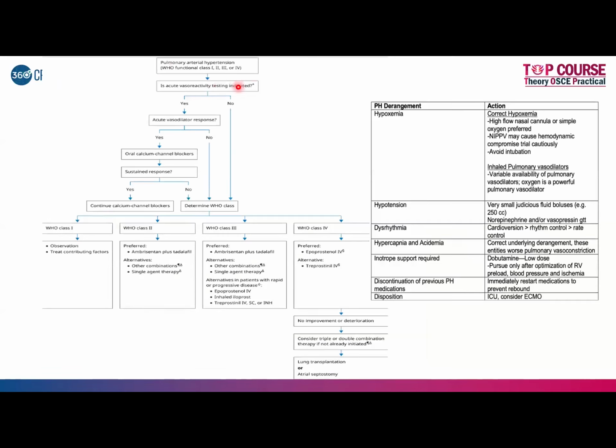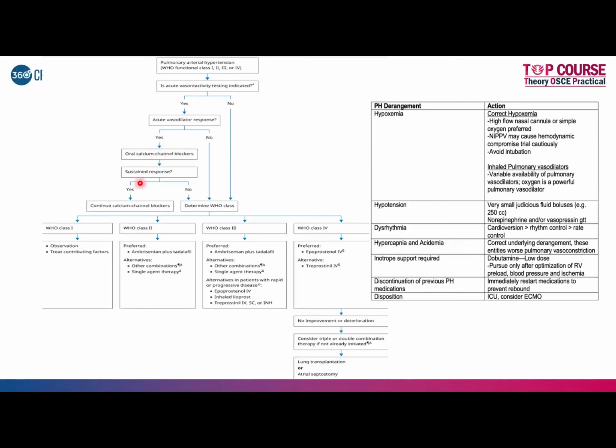So this is the most important algorithm that one has to know, and a lot of people are confused with this algorithm. For pulmonary arterial hypertension, the question is whether acute vasoreactivity testing is needed or not. If it is needed, as we have seen in the idiopathic, hereditary, and drug classification, and they are responders, then go for high dose oral calcium channel blockers.